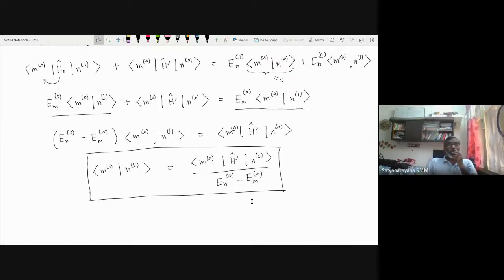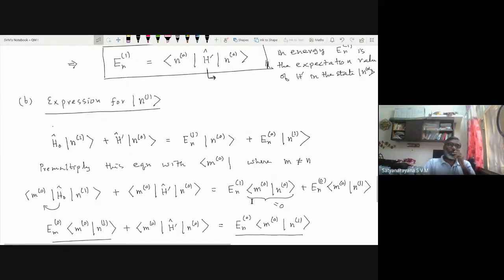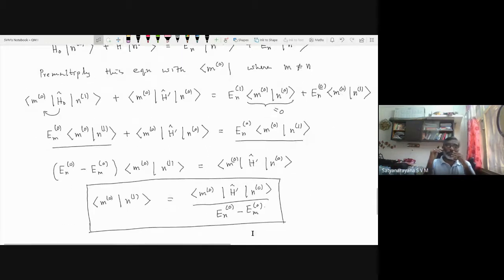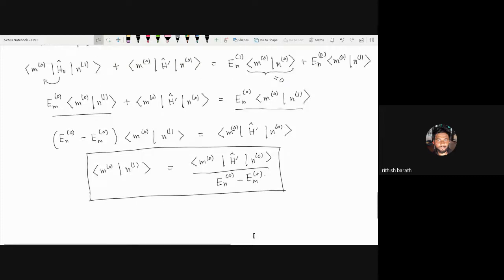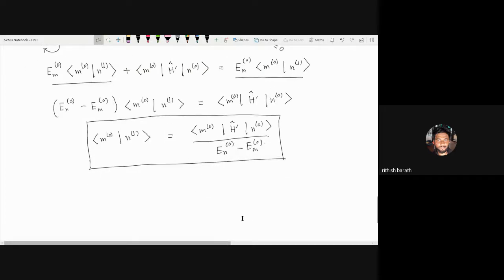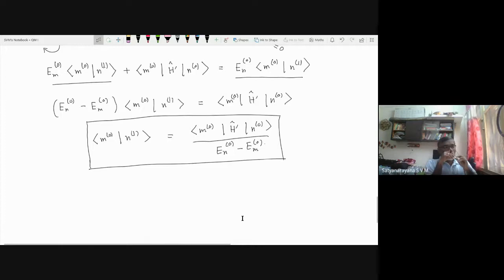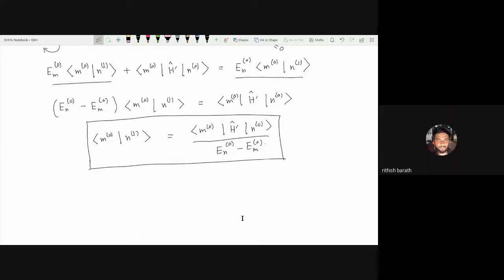I don't know what N1 is, because that is my job. I want to find out N1, so N1 is not a part of that basis. I have no idea about those states.